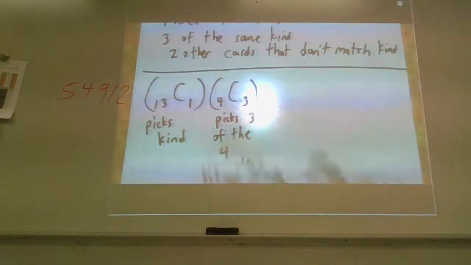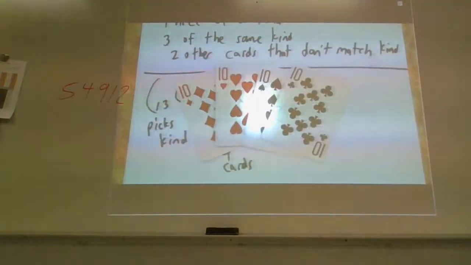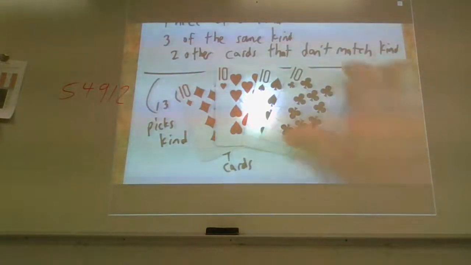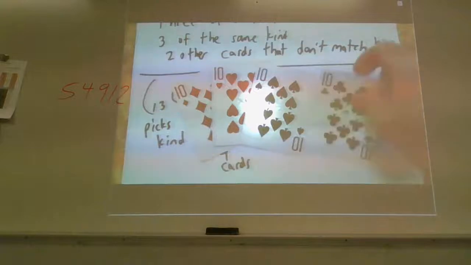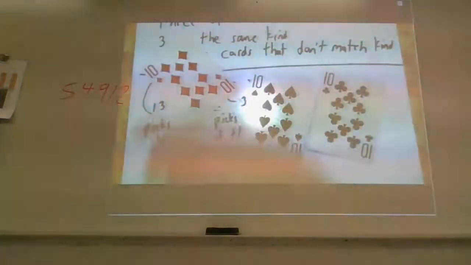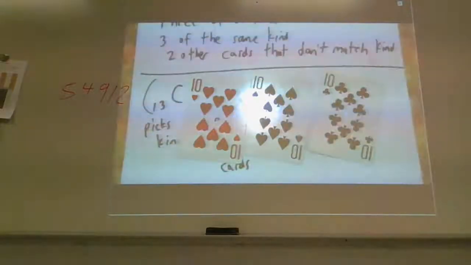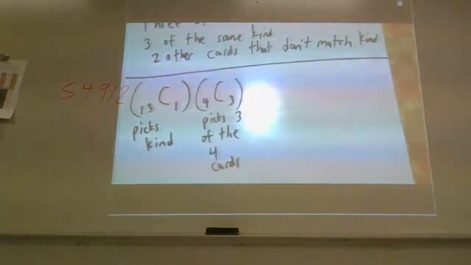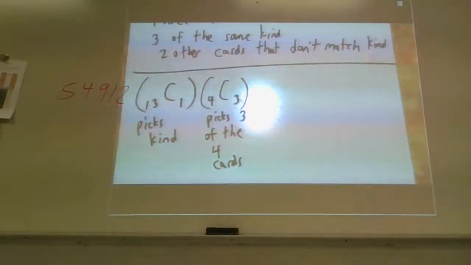If I have these 4 10s right there, if I have 3 of a kind, I don't have all 4 of them. One of them has to go away. So maybe I got that one, or maybe I got that one, or that one, or that one. Instead of trying to figure that out by hand, I let the combination do the talking for me.